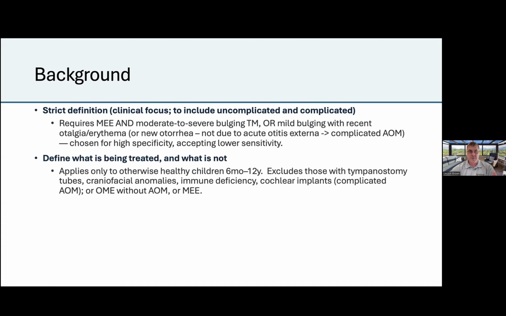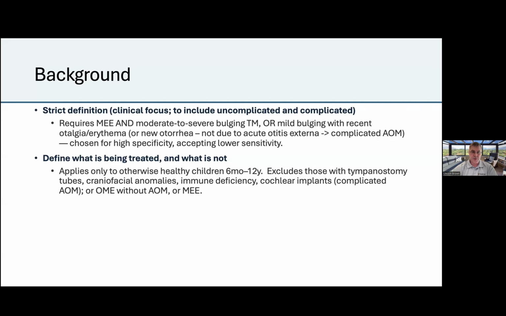That specificity was decided upon because it helps define what is being treated and what is not. So, otherwise healthy, 6 months to 12 years, not complicated. And that complicated, again, if you remember, is anything that has drainage out of the ear.